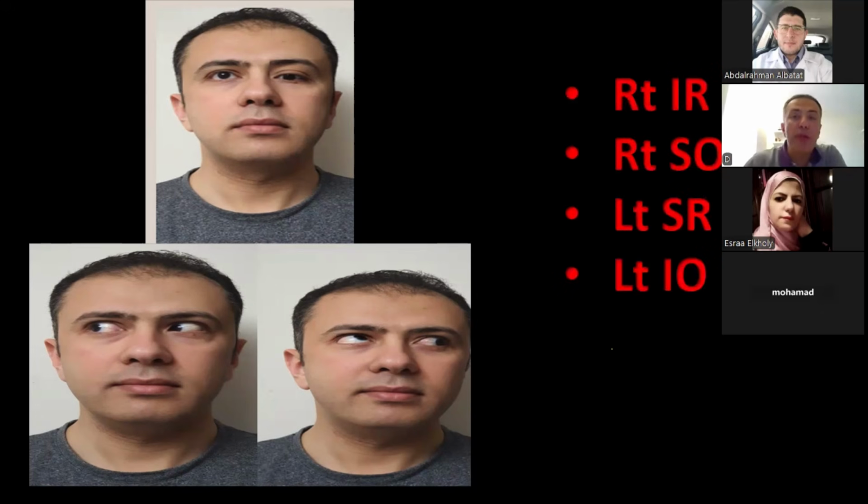We have a normal right inferior rectus and a normal left inferior oblique, and you have only two muscles to think about. Either the depressor of the right eye in left gaze, which is the right superior oblique, or the elevator of the left eye in abduction, which is the left superior rectus. So out of four, we have only two now to think about.